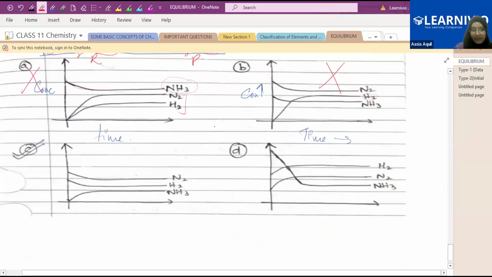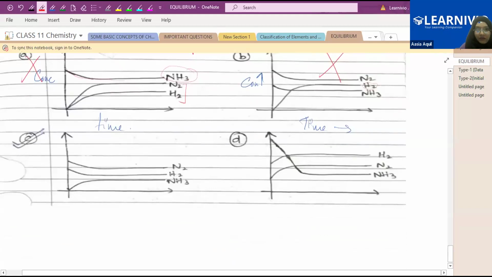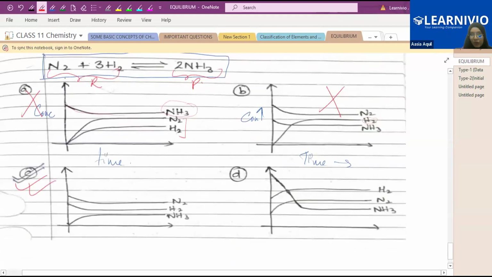Right? So see, is the C graph the ideal graph? Yes, C graph is the ideal graph. Why? Because according to the reaction, N2 and H2 are the reactants, right? For the reactant, we know that the concentration will decrease. So here for N2 and H2, the concentration is decreasing. First it starts from here, it decreases, and after some time it becomes constant. For H2 also, it decreases, and after some time it becomes constant.